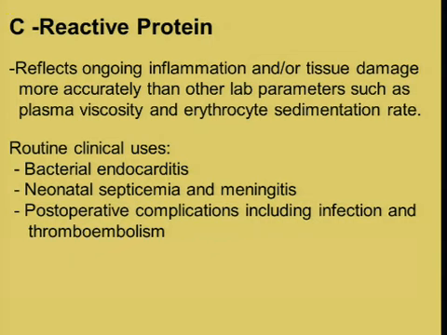We'll talk about complement in a different lecture. And now it's clinically used to detect various inflammatory conditions, for example bacterial endocarditis, neonatal septicemia, and post-operative complications. So even though it's an acute phase protein that does its own job, it's usually used diagnostically to analyze potentially inflammatory conditions.